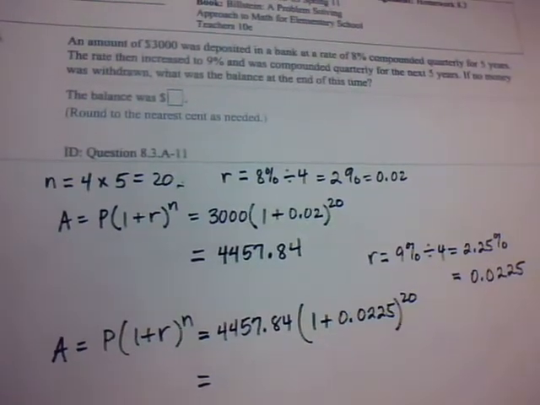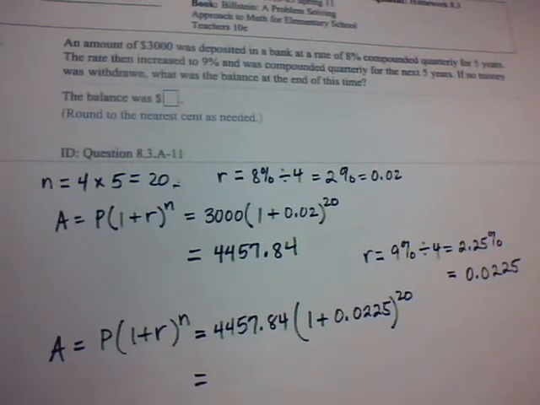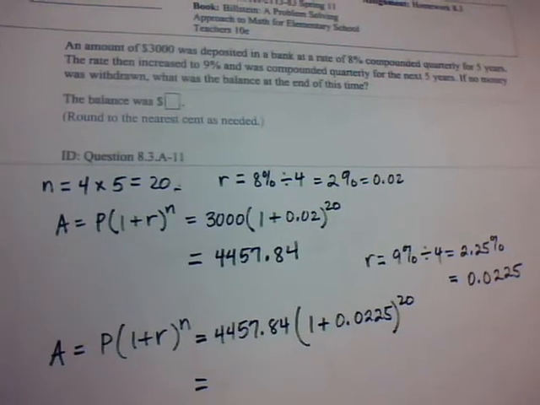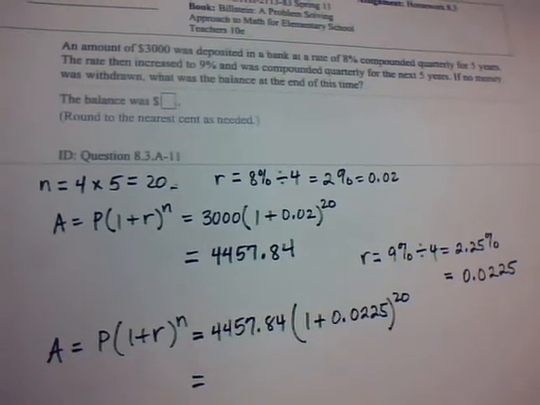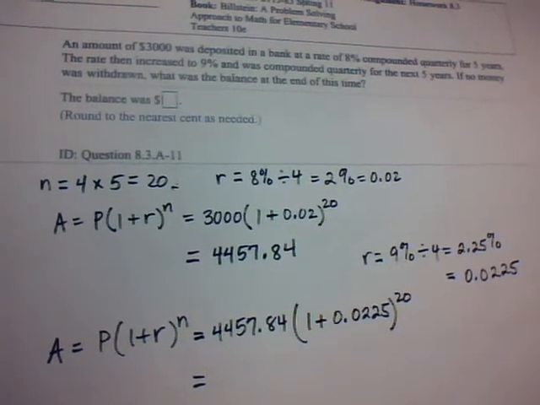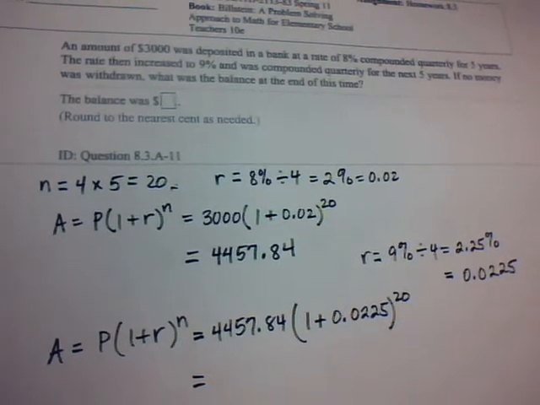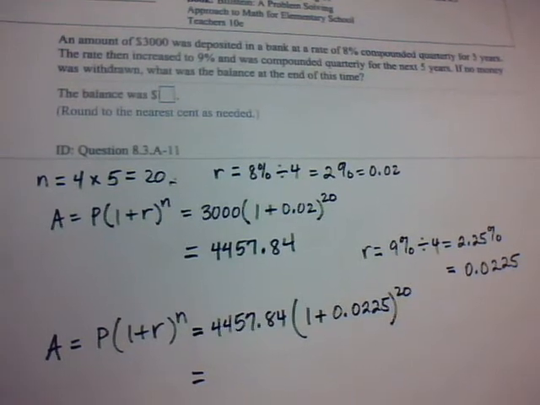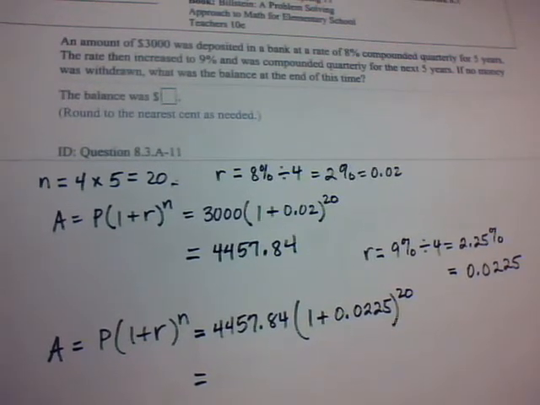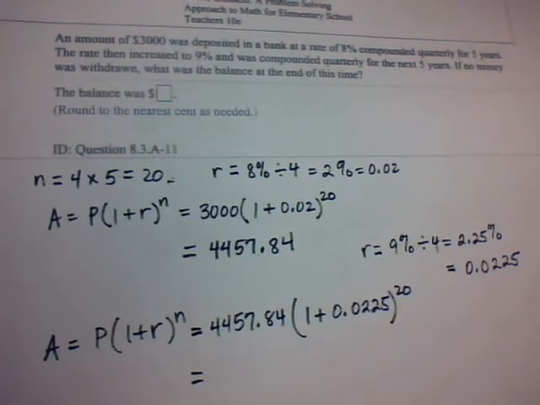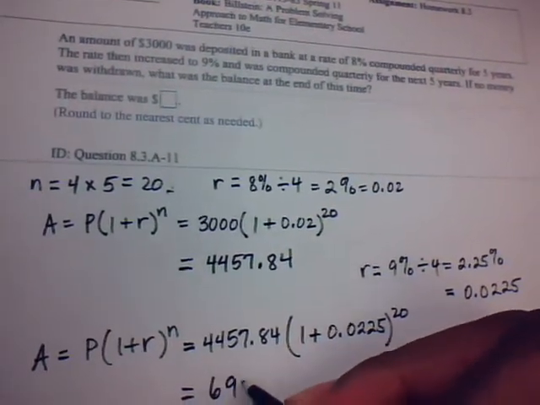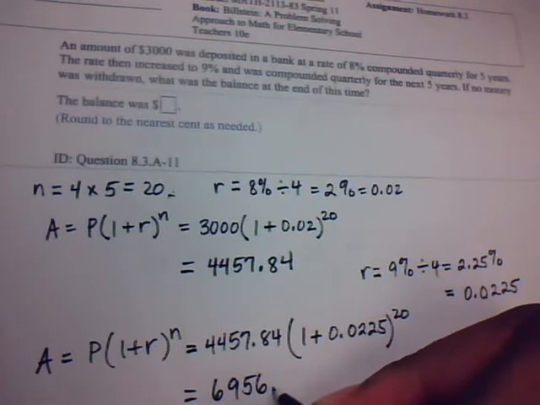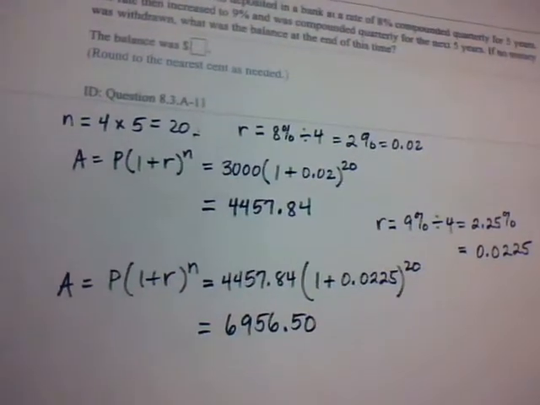So now $4,457.84 multiplied by 1 plus 0.0225, and that's raised to the 20th, we give you this number, $6,956.50.